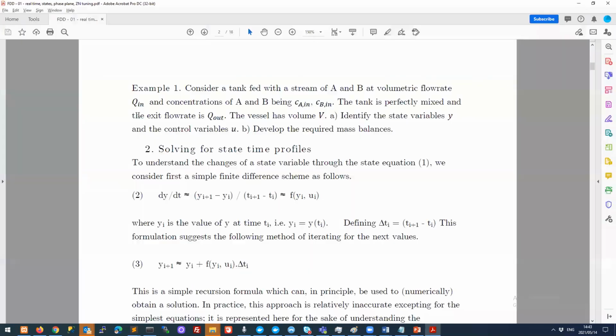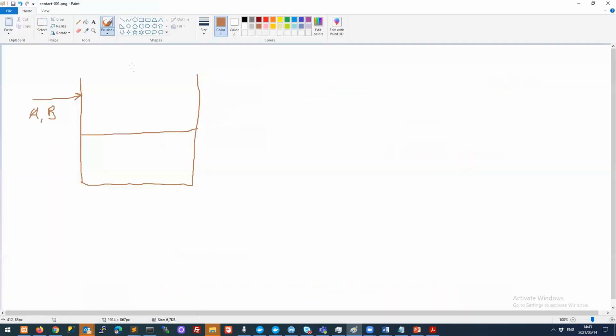A tank is fed with A and B, and it's perfectly mixed, and you've got an exit stream here, Q out.